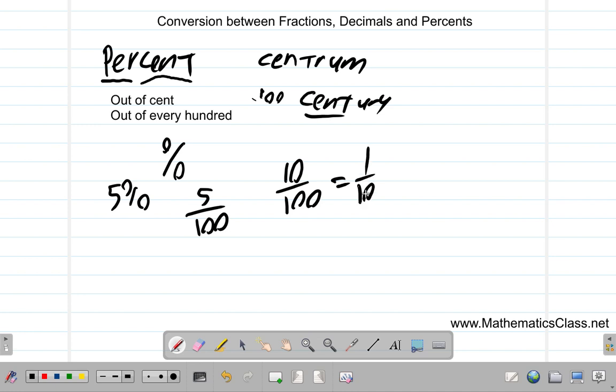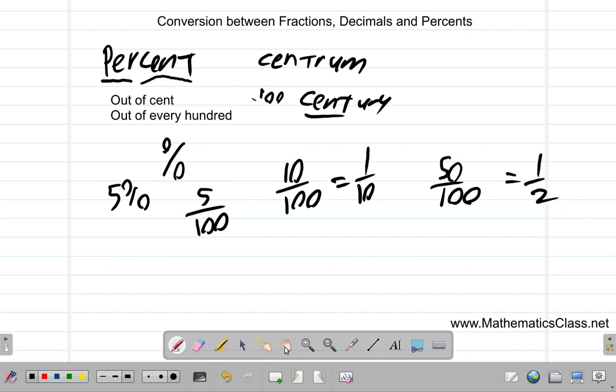Same as 1 out of 10, right? So that is what it means. 10% is 1/10. 50% means 50 out of every 100. 50 is half a 100, so you can write this as half. So you see that? That's a percent.